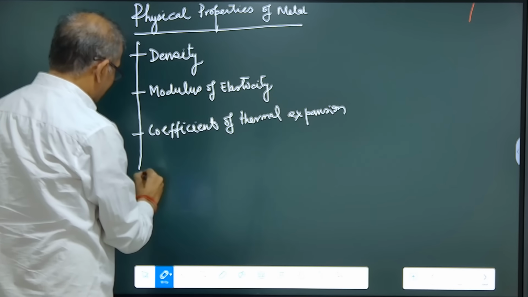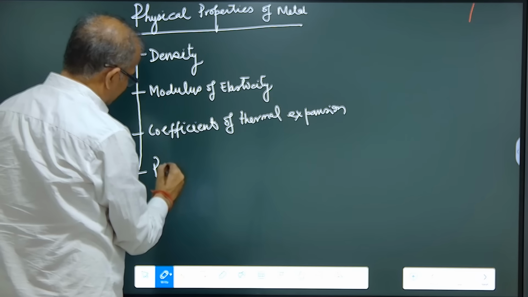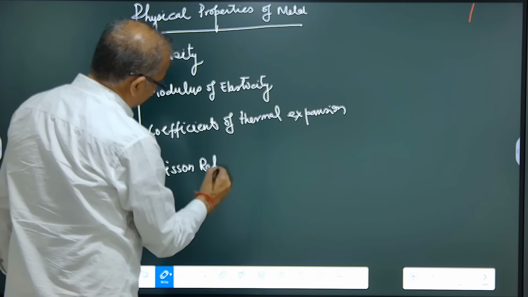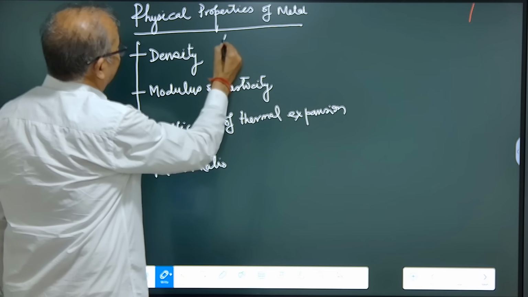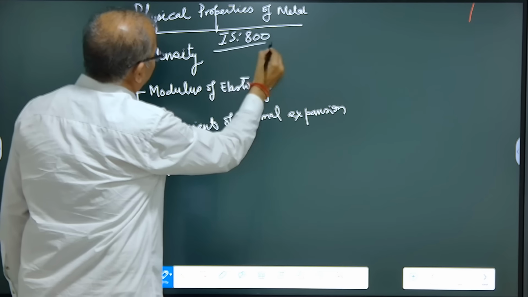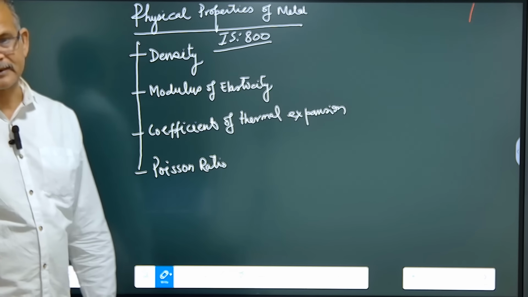As per IS 800, these are the properties required for structural steel.